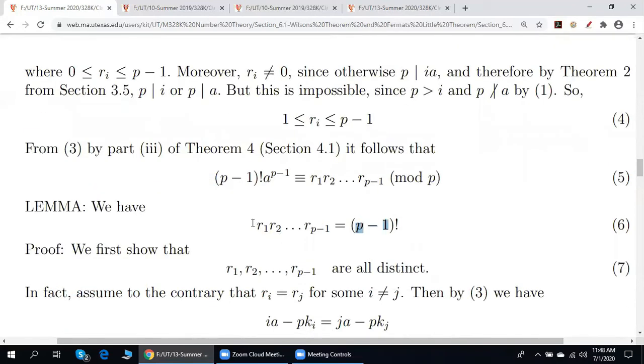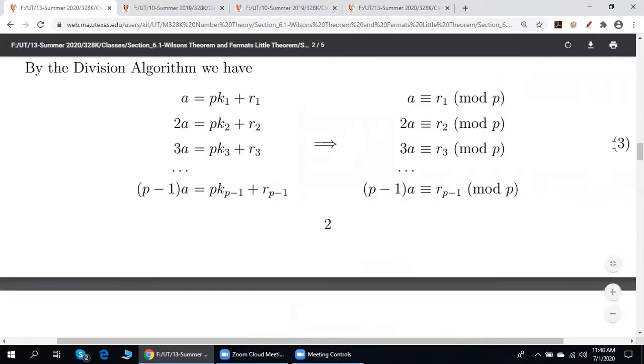In order to prove that this is equal to this, first let us show that all these R's are distinct. We will prove it by contradiction. Assume to the contrary that Ri is equal to Rj for some I not equal to J. Here is what we do next. Let us go back to 3.